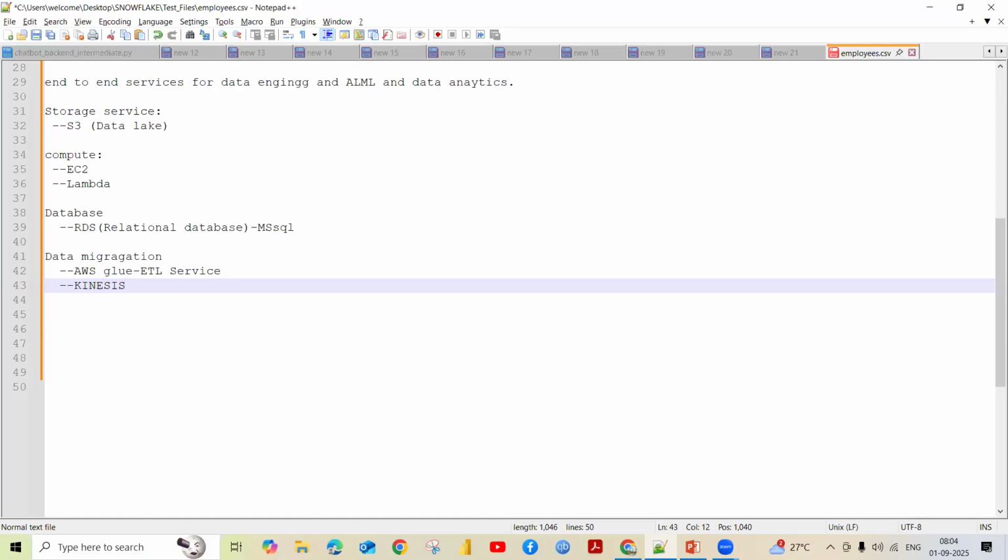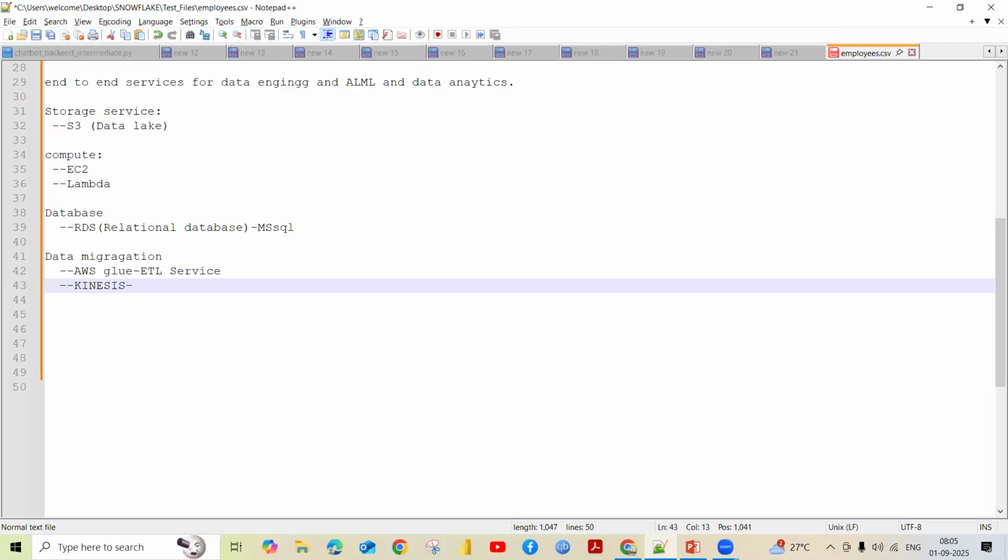This is real-time data streaming. Majorly it is used for big data streaming, right? In video streaming, let's say Netflix is a correct example. In that case, the data should always stream without any interruptions.